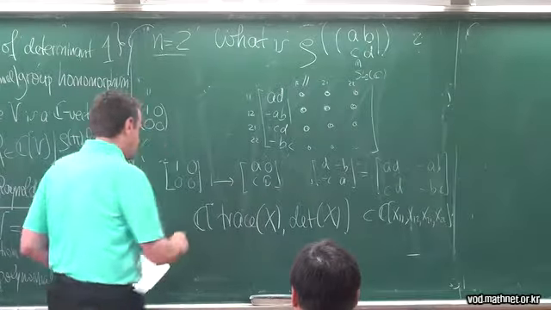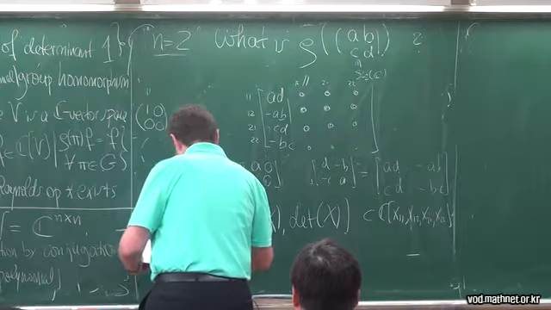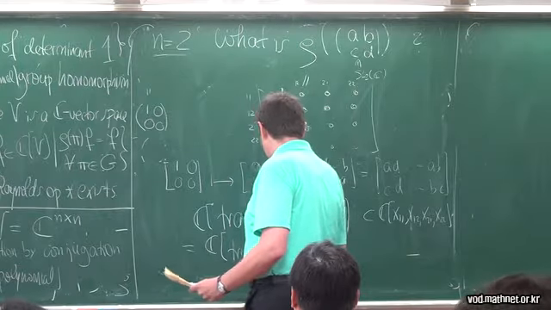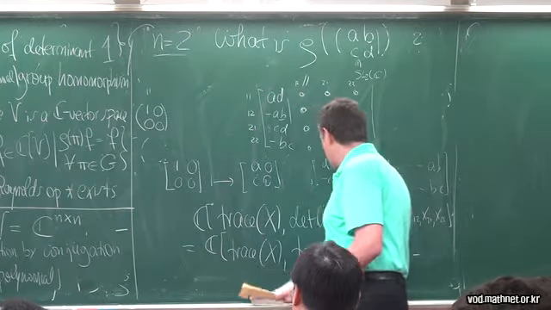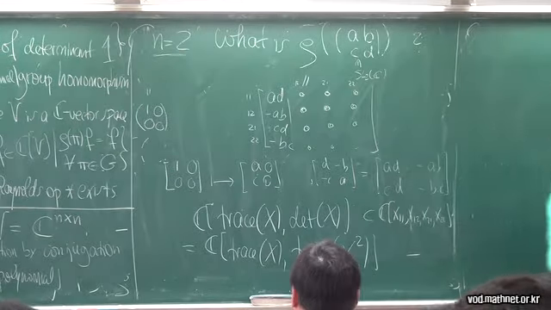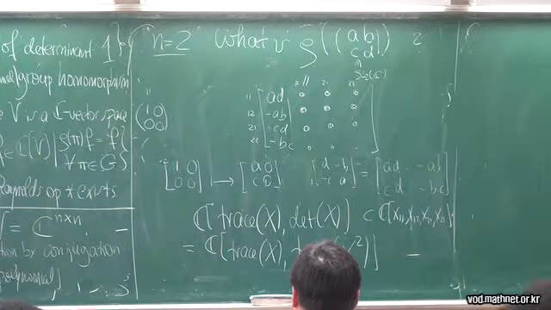I'm going to rewrite the generators a little bit. I can write this as the trace of x, and instead of the determinant, I can use the trace of x squared. I like that a little bit better. So I can take traces of powers of x.